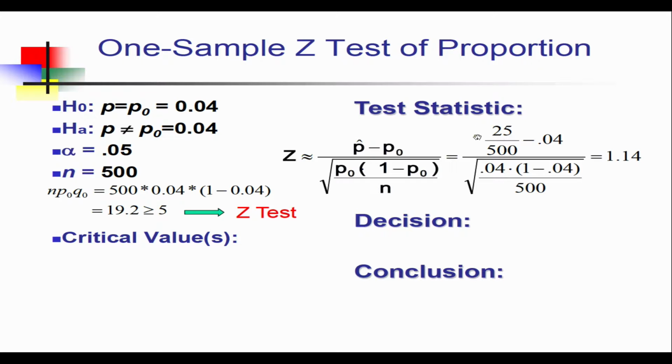This is the p hat, the estimate using the sample. Then minus the P0 you put in your null hypothesis, and also the standard error calculated using P0, because we are talking about the underlying distribution for this Z under the null hypothesis. So this quantity equals 1.14. This is our observed Z statistic.